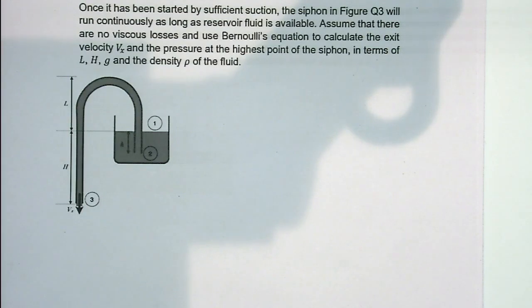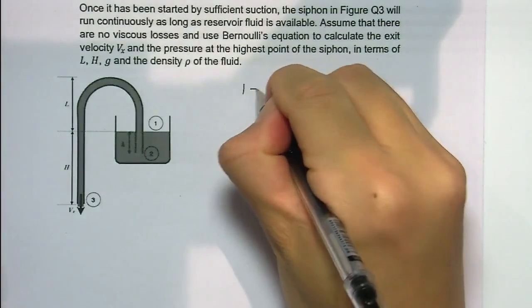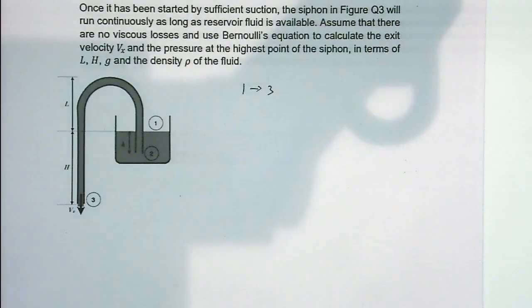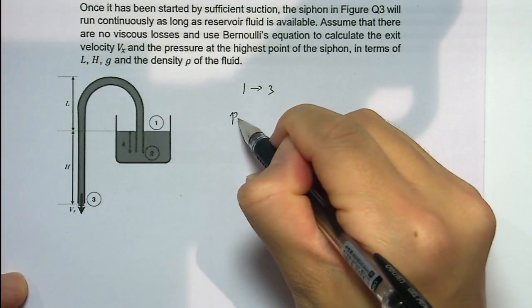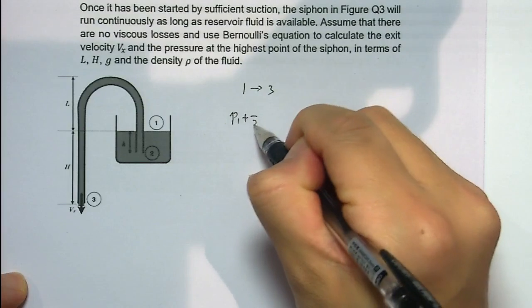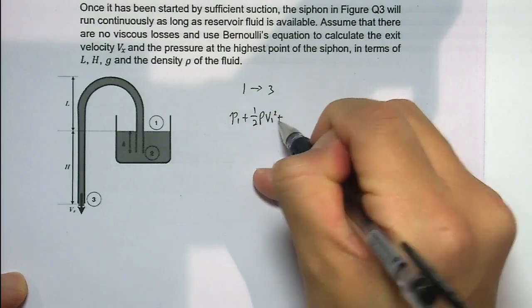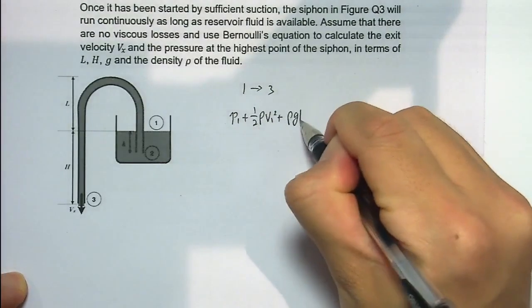But we know the surface 1, because it is large enough, the surface will not move, which means that the velocity up here is 0. So from here, we apply the Bernoulli equation from 1 to 3. So for the 1, we just write it, the P1 plus half rho V1 squared plus rho g H1.